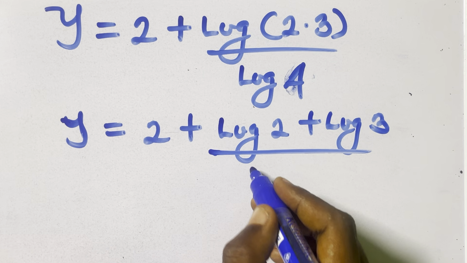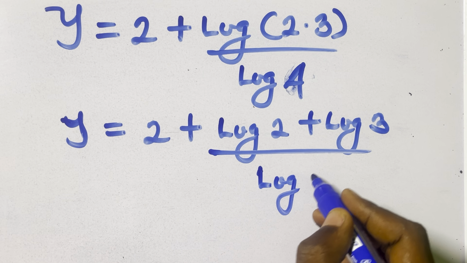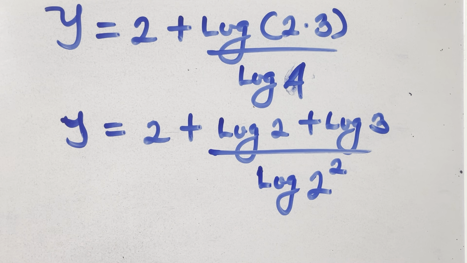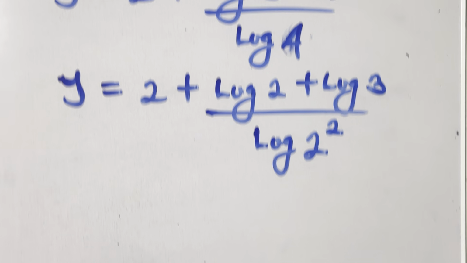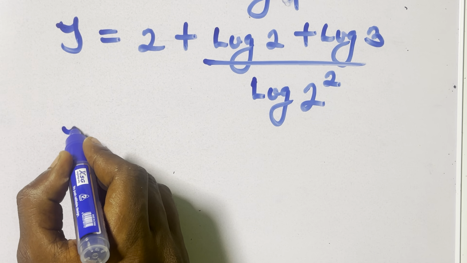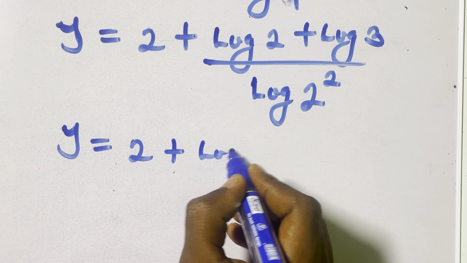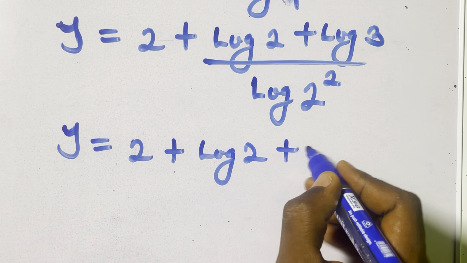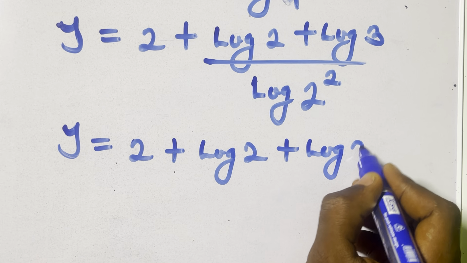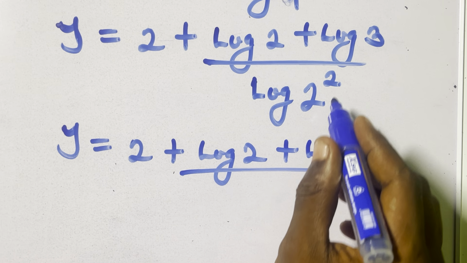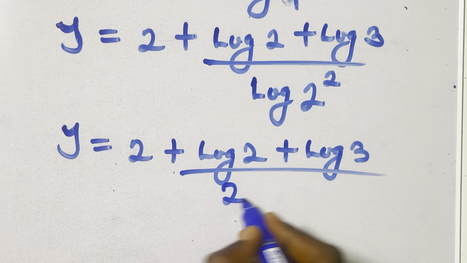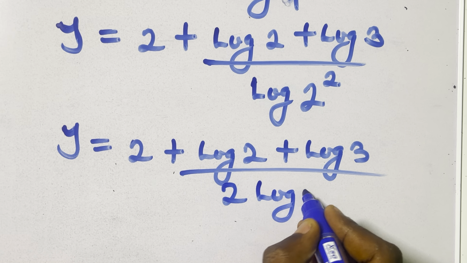So divided by, also here we can express this as 2 raised to power 2. So then y will be 2 plus log 2 plus log 3, also applying the property of logarithm here, we are going to have 2 log 2.